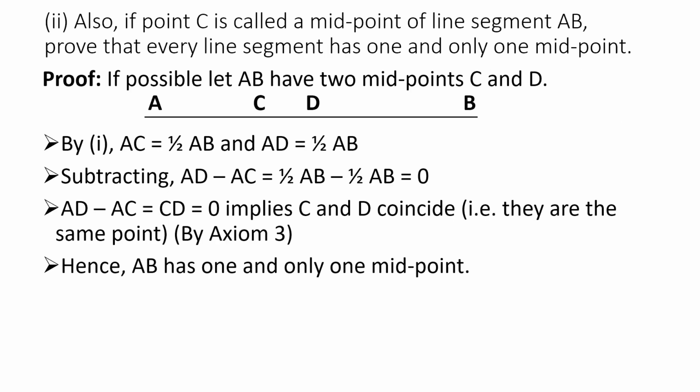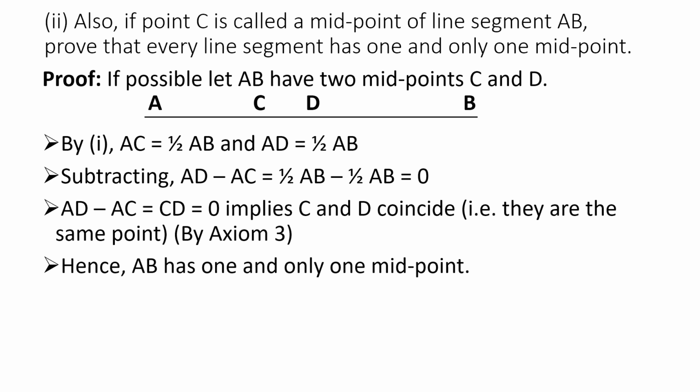In the second part, we have to prove that every line segment has one and only one midpoint. So again, if possible, assume that line segment AB has two midpoints which are C and D. So by the first part, AC will be equal to half AB because C is the midpoint. Similarly, D is also the midpoint. So AD will be equal to half AB.